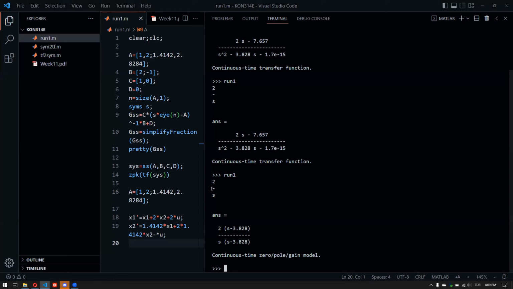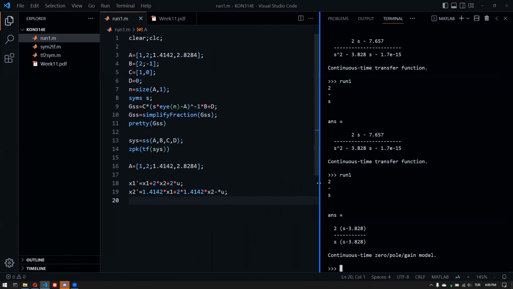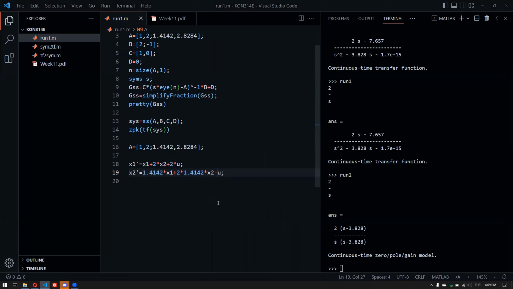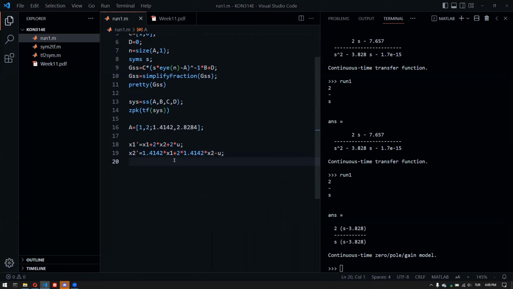So we can see that we have a factor 1.4142 here, and this was minus u here. Yeah, actually, we know also what 1.42 is.